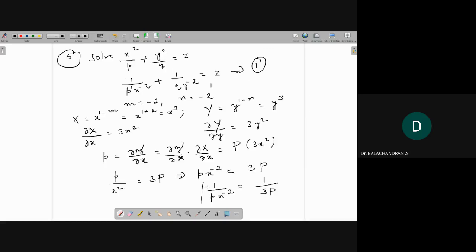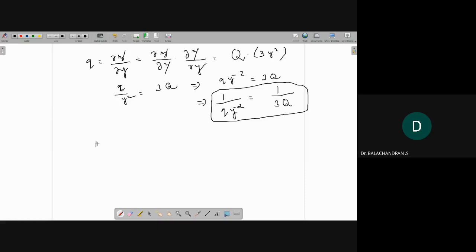So now I am going to substitute these two values in equation 1. So this is nothing but 1 by 3P plus 1 by 3 into capital Q. The right hand side is what?